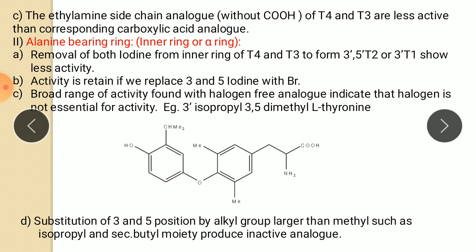Similarly, if we remove iodine from the inner ring of the T3 structure, then it gives 3-T1, which shows less activity.